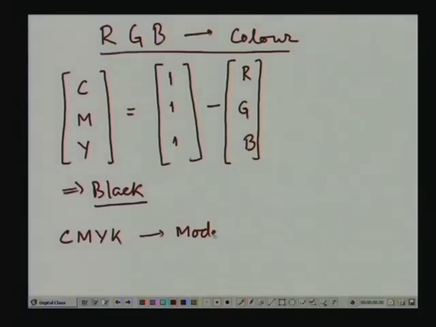To take care of this problem, along with C, M and Y, another component is also specified, which is the black component. And when we also specify the black component, we get another color model, which is the CMYK model.